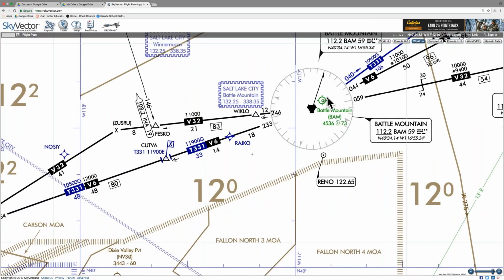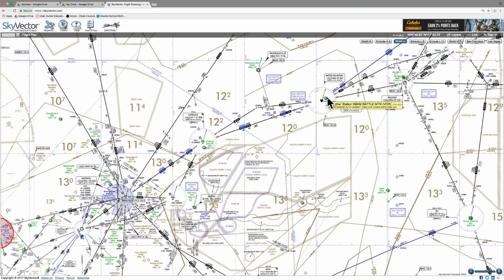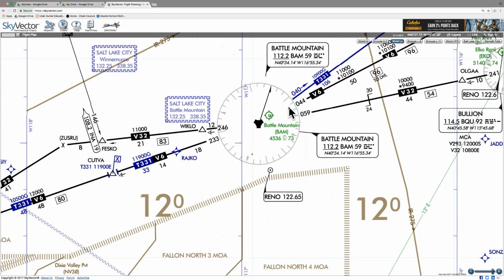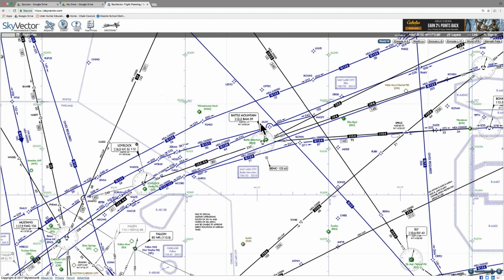So T routes are using low. You can kind of equate them to the Victor routes. They're the low altitude. And our high en route charts use Q routes, and you can equate those to the J routes, the jet routes.